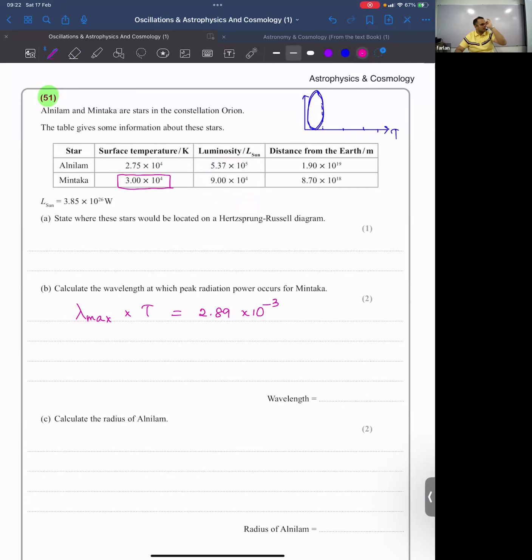What law is this? Wien's law. So lambda max into 3 into 10 to the power 4 equals 2.89 into 10 to the power minus 3. So this will give you the peak wavelength.